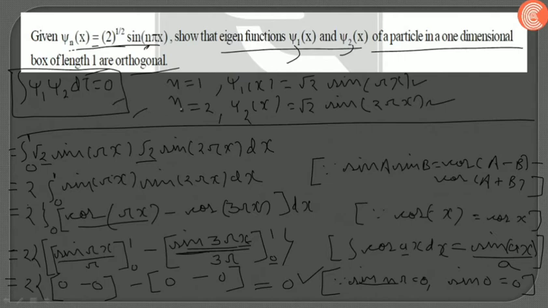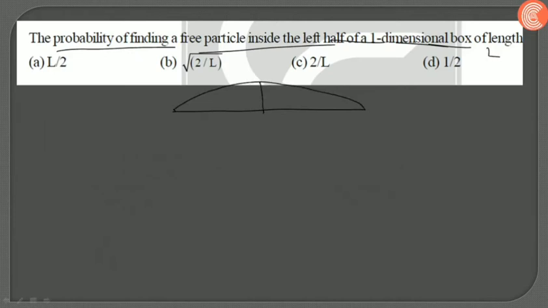Okay, so moving to the next question. This is the next question, which was asked in GATE 2002. They have asked the probability of finding the particle inside the left half of the one-dimensional box of length L. So it is a 1D box, and this is the ground state energy wave function, suppose, and they have asked about the left half.